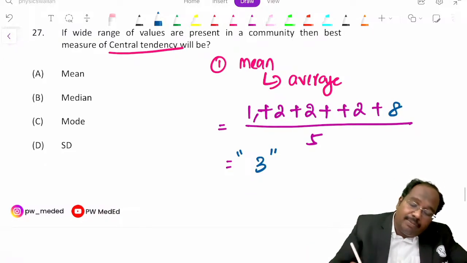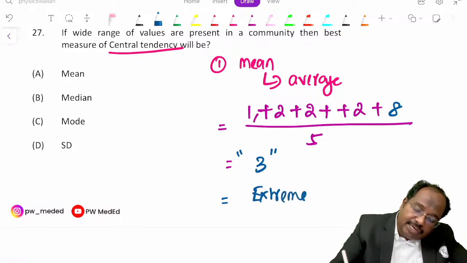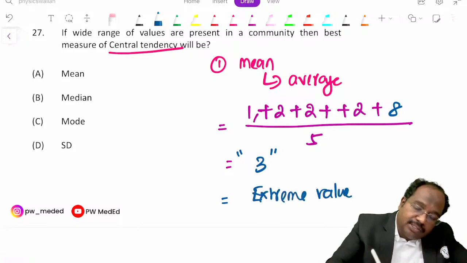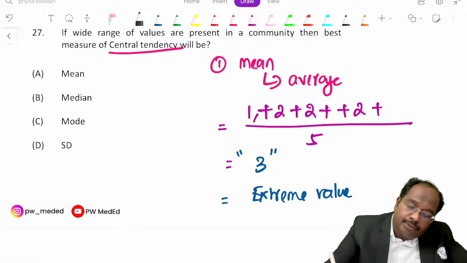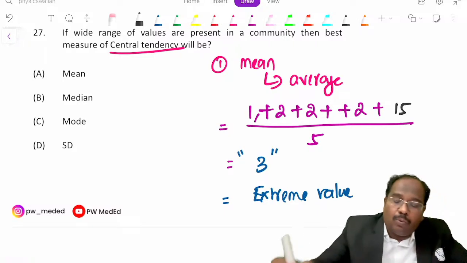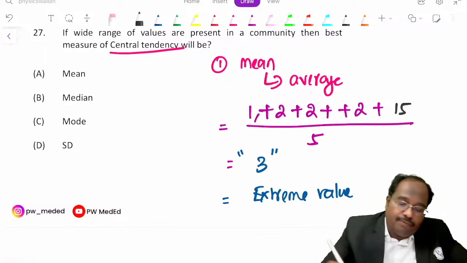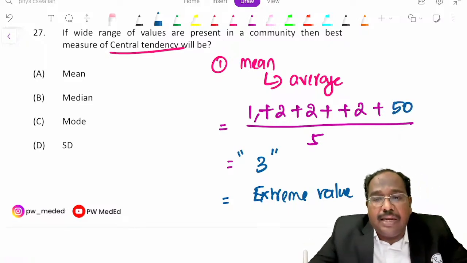But this will be affected by extreme values. Suppose instead of 8, I put 50. What happens? The mean will be severely affected.